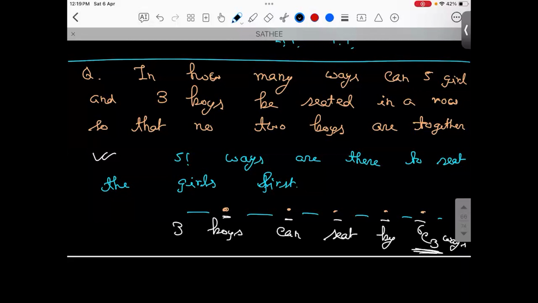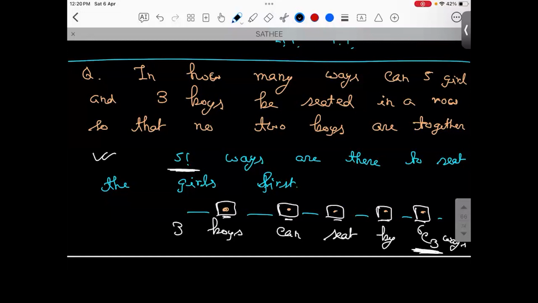Is it clear? The girls can sit in 5 factorial ways in this row, like these orange places. And for each possible seating of the girls, the boys will sit among these 6 places in this many ways.